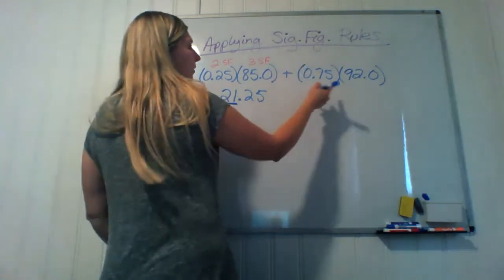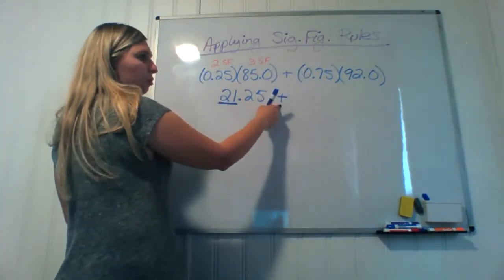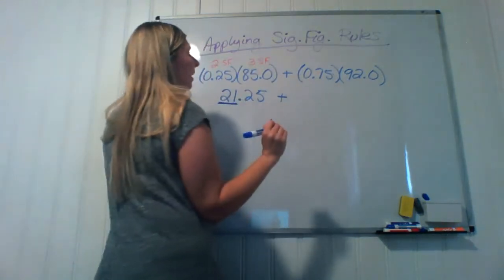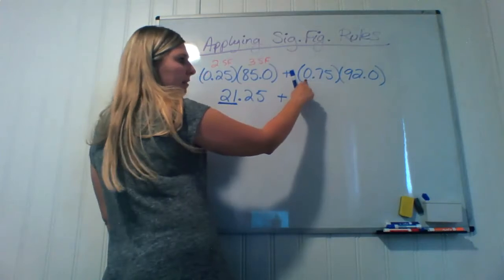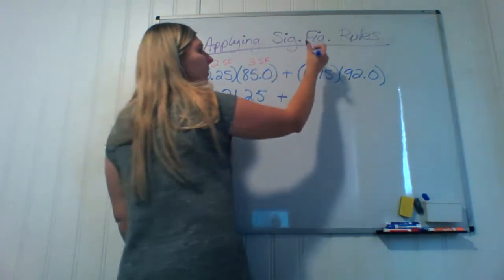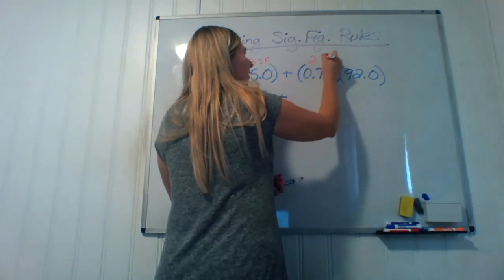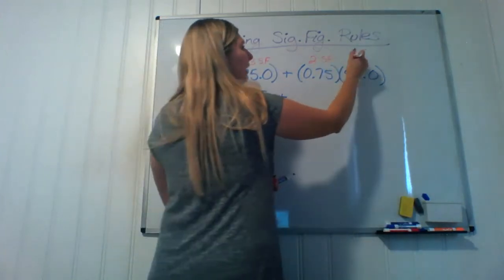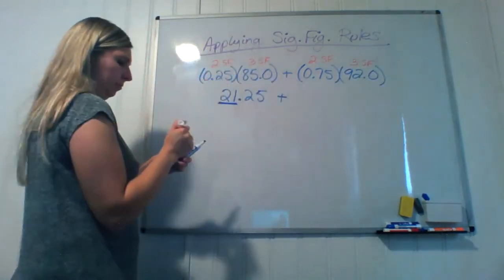So now let's move on to the next side here. So the addition we don't do yet, we're still doing the multiplication. Looking at these values, we have 0.75. Again, this 0 is not significant. So this one here has 2 significant figures. This has 1, 2, 3 significant figures, just like we saw here.